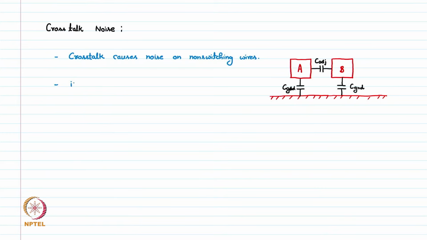If the victim is floating, we can model it as a capacitive voltage divider.